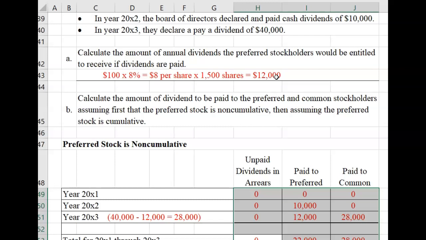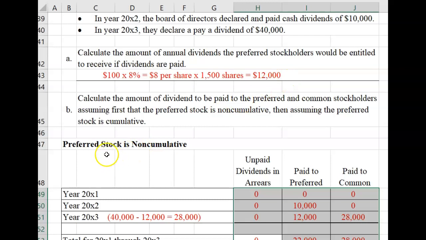The amount of unpaid dividends, referred to as dividends in arrears, is kept track of. It's not a real liability because the corporation has no obligation to actually pay dividends. They could go for the entire life of the corporation and never pay a dividend, and therefore the preferred or common shareholders would never get anything.